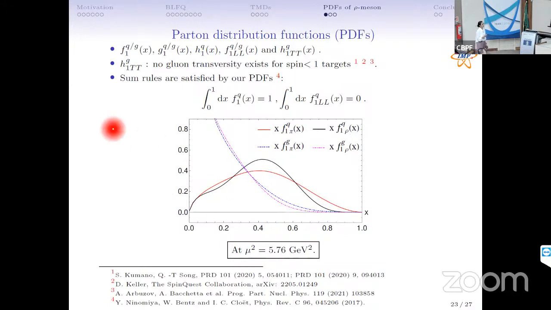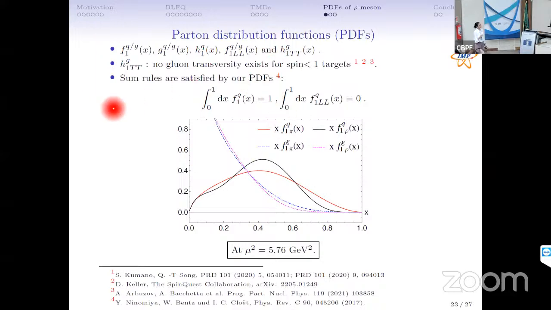Now we integrated these distributions over k perp, and we found that there are some parton distribution functions. For quark there are 4, and for gluon there are 4 as well. But we cannot find this H1TT because of the weak D wave, as I said. But this distribution is also special because it cannot be studied for targets with spin less than 1.